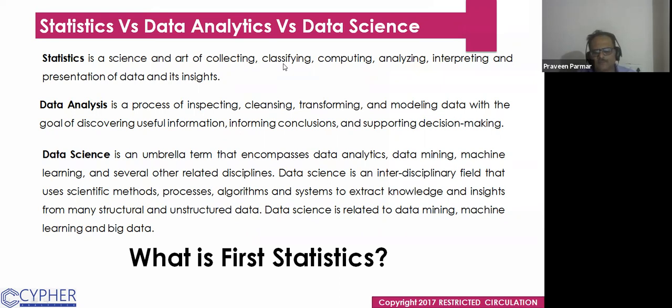If you have categorical data, like suppose in this workshop there are some males and females. In a group, if I say there are 42 females, is it complete information that I am getting out of that?